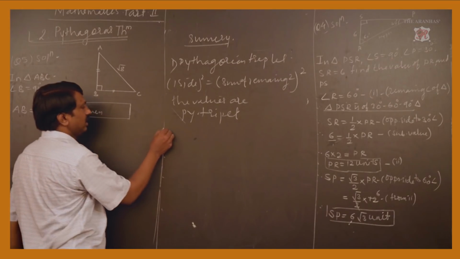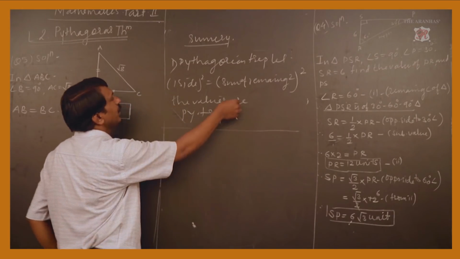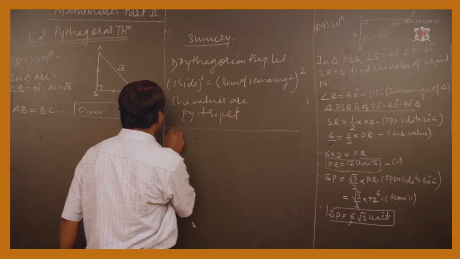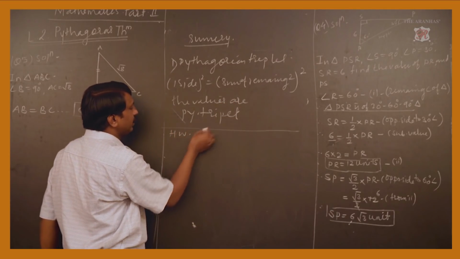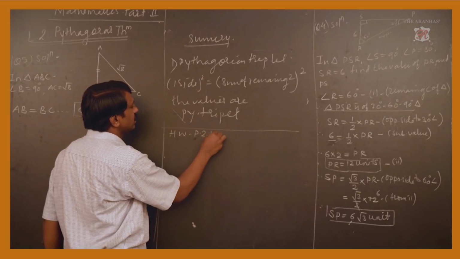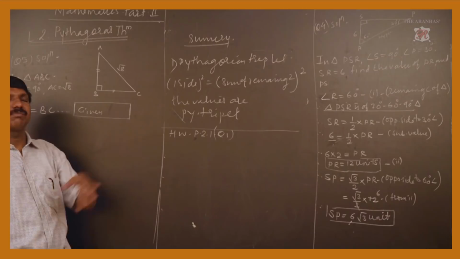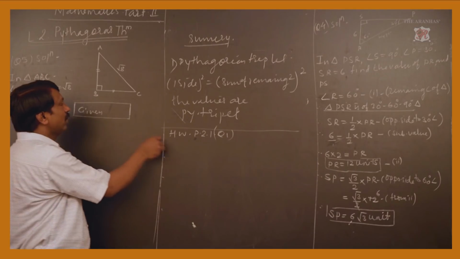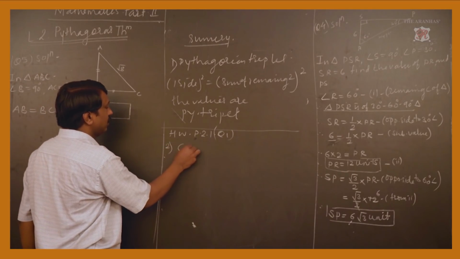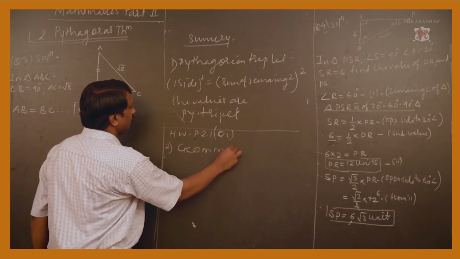Second we discussed, what was that? And so here for the homework I will tell you, you can continue this one: Practice set 2.1's question number 1 remaining part. I think I said it last time, but mention it as a Pythagorean triplet. Then the second topic we discussed was the geometric mean.